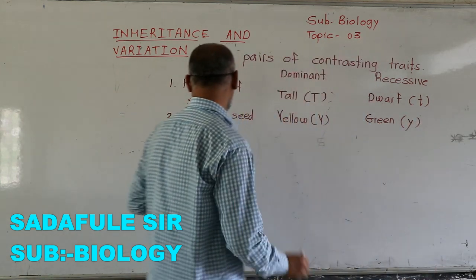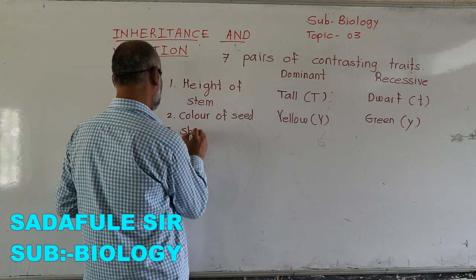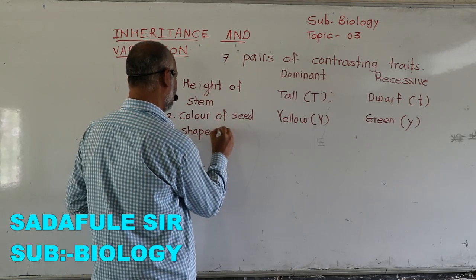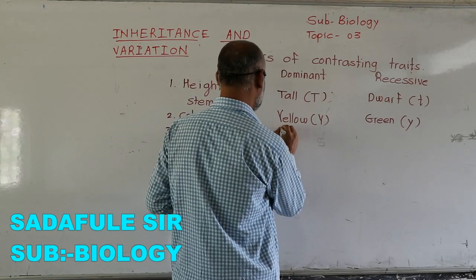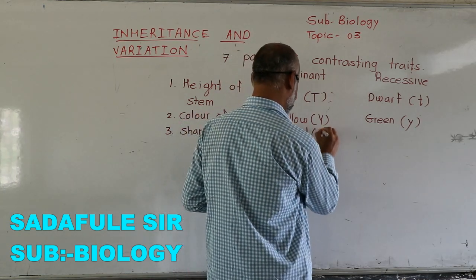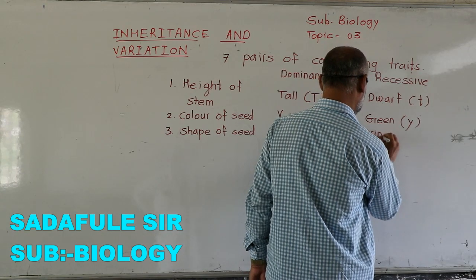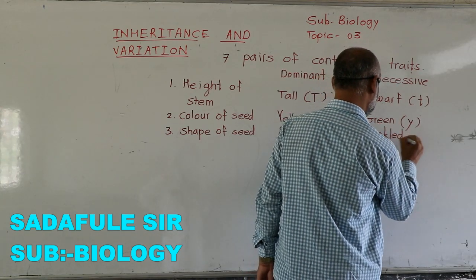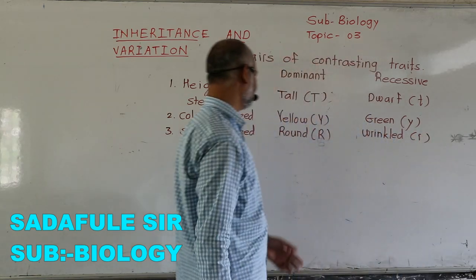Then the next one is shape of seed, such as round seeds represented by capital R, and wrinkled seeds represented by small r.